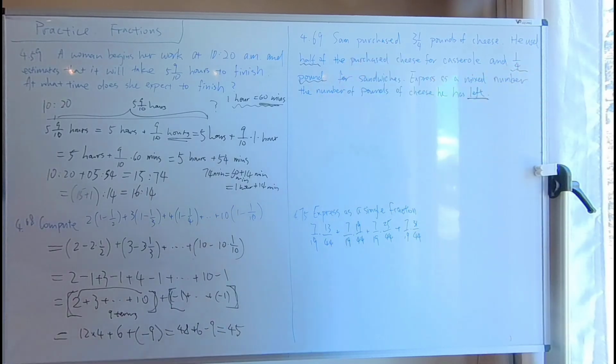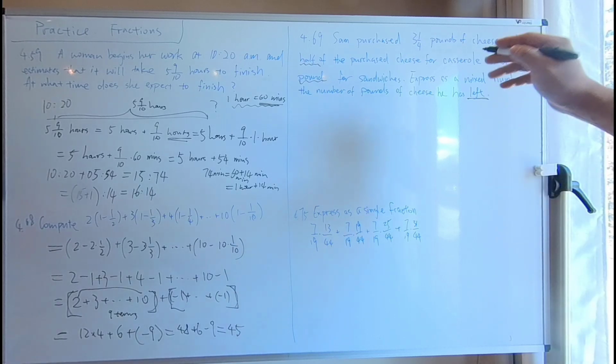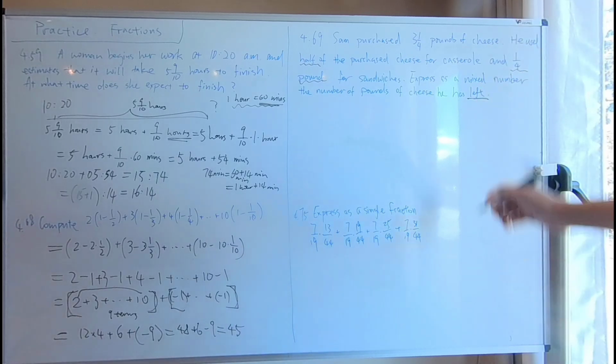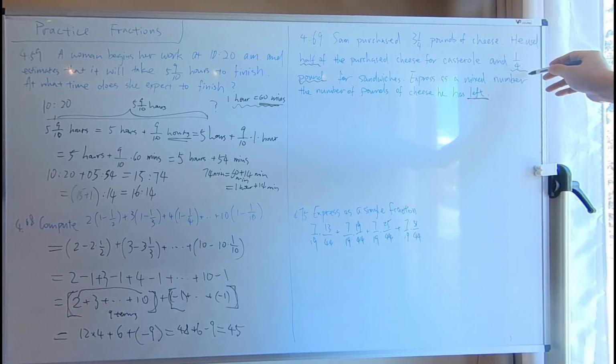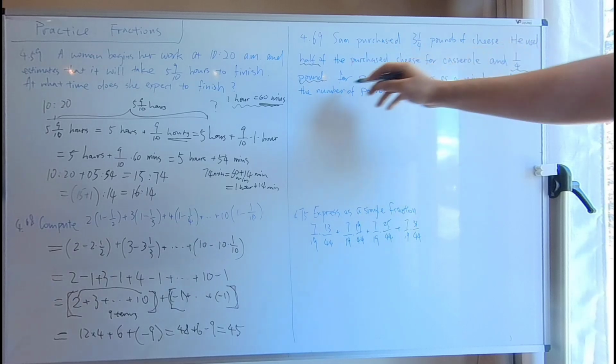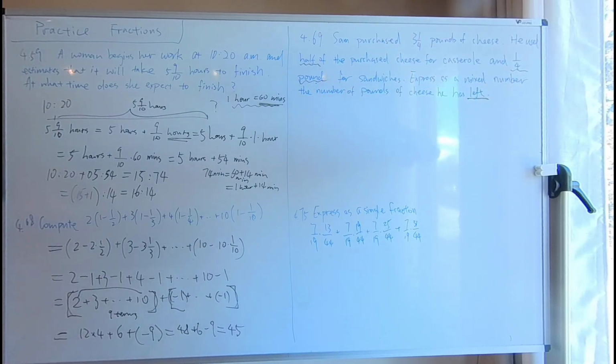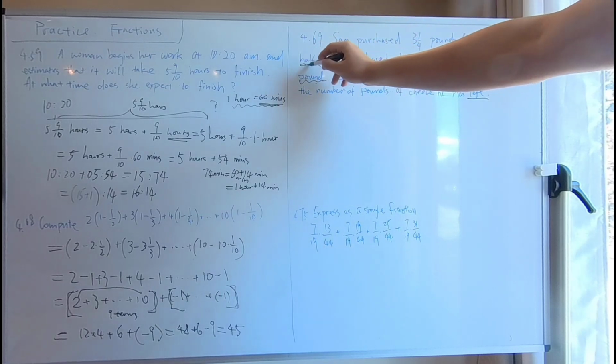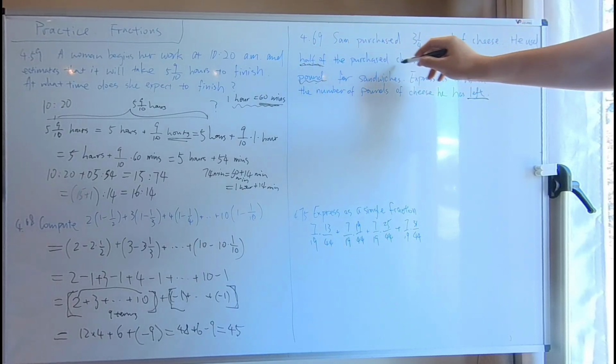And this example goes a bit further than that, because the information contains a number and units, like a ¼ pound. It also contains information like half of the purchased cheese.